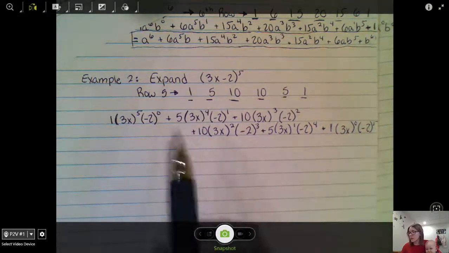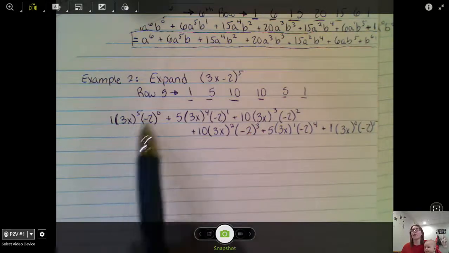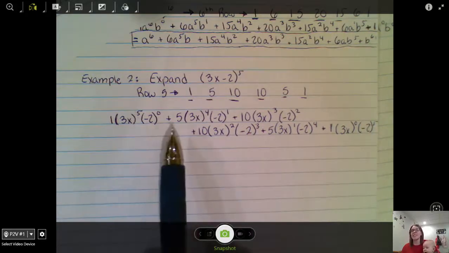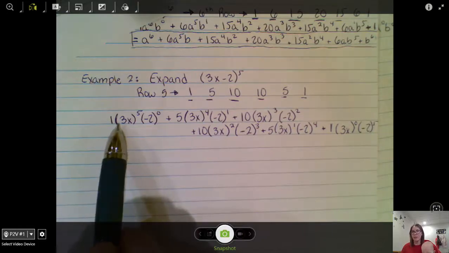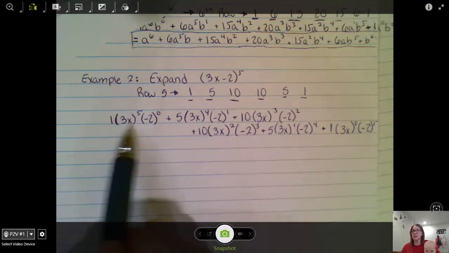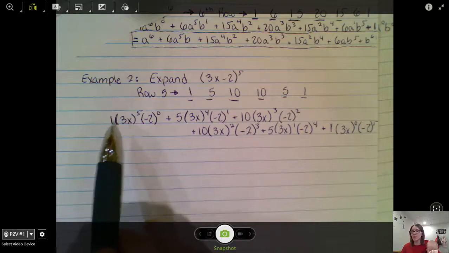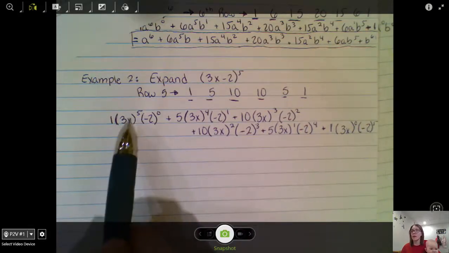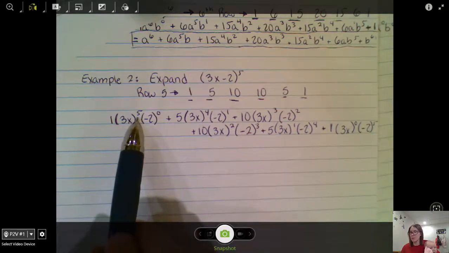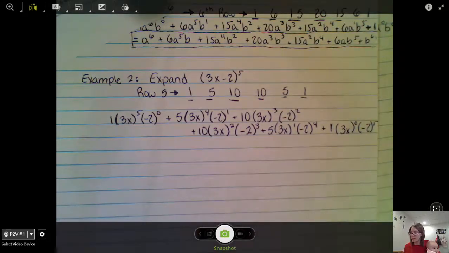Now, as you can probably see here, we have a lot of other numbers that we're going to have to work with instead of just the numbers from Pascal's triangle. So if I look at this first part, for example, I have 1 times 3x to the 5th. We'll just look at this part for a second. When I have 3x to the 5th power, I have to take 3 to the 5th power and x to the 5th power. Okay.